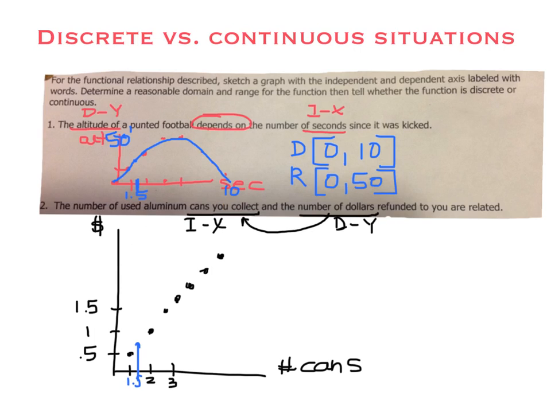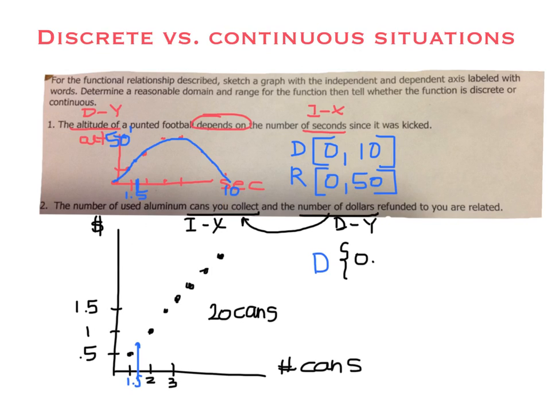Okay, so let's come up with a reasonable domain for this. Now, remember, these are individual points. And we're going to say we're going to return 20 cans. Okay, so domain, if I'm listing points, remember I have to use list notation.